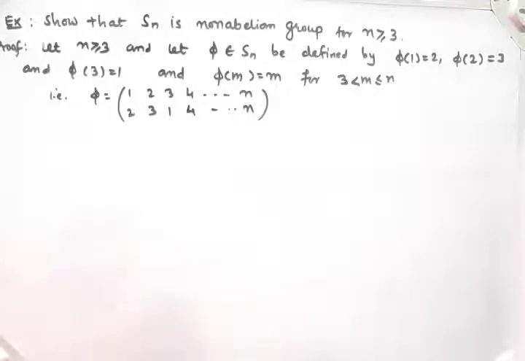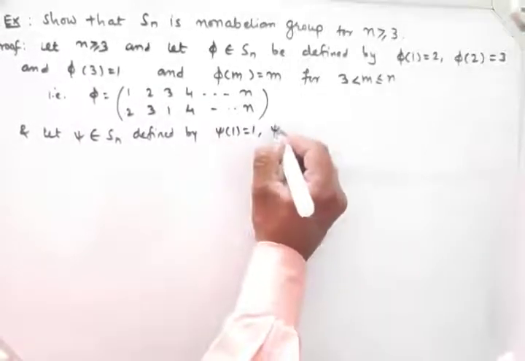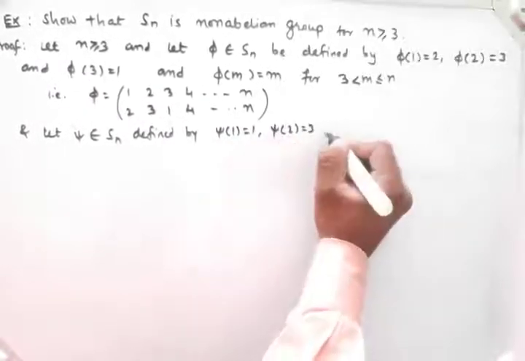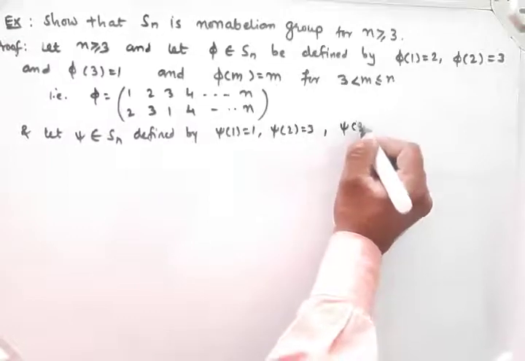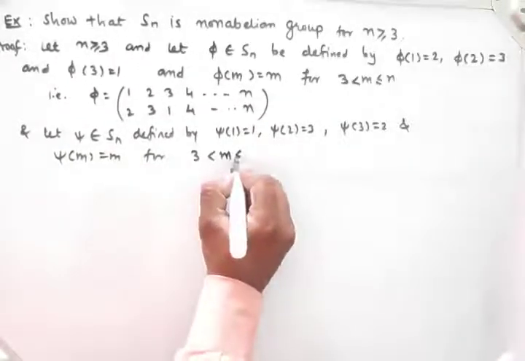Next, I will take psi. Let psi belong to Sn, defined by psi of 1 is equal to 1, psi of 2 is equal to 3, and psi of 3 is equal to 2, and the remaining values psi of m is equal to m for 3 less than m less than or equal to n.